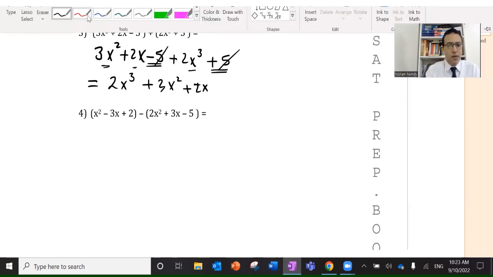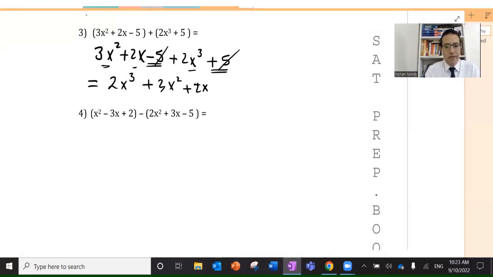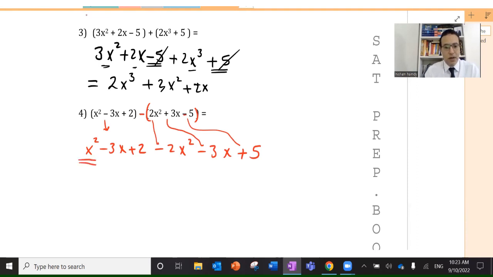I prefer to be in descending order of x. Okay. Now, for number 4, I have negative outside the bracket. So I'm going to write the first term as x squared minus 3x plus 2, and then change the sign inside the bracket. Notice that this is negative, become positive. This is positive, become negative, and this is positive, become negative. Then let's underline the like terms.